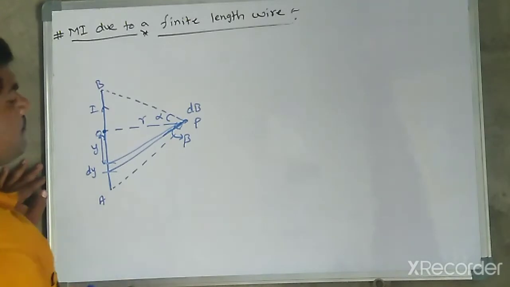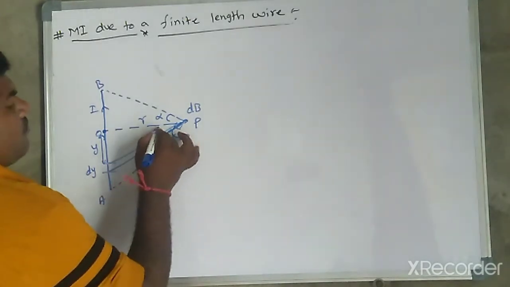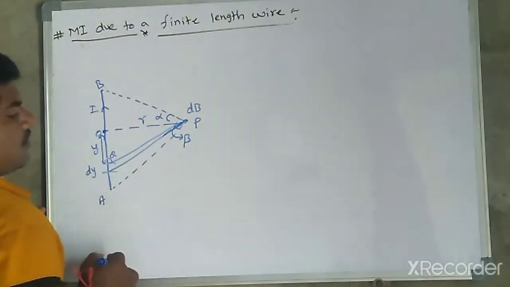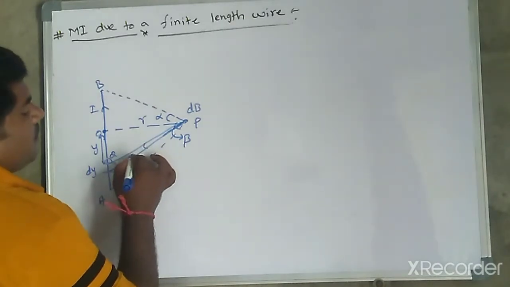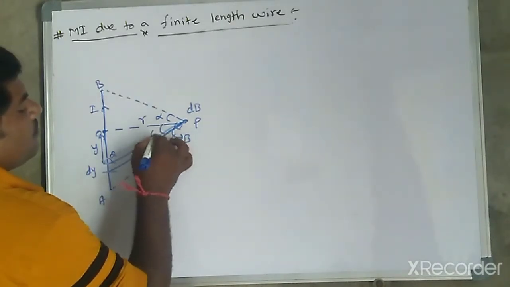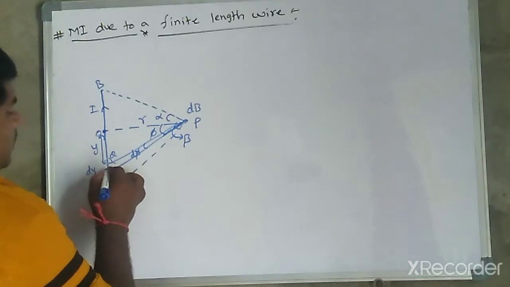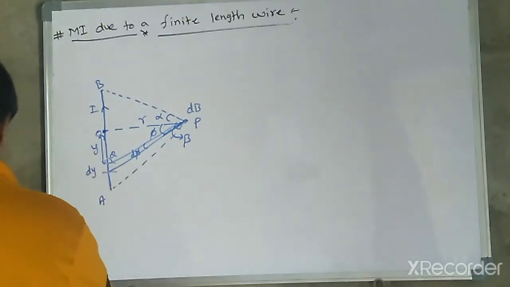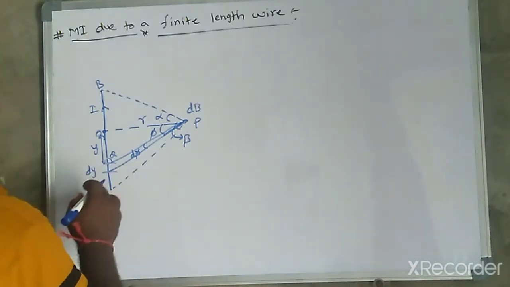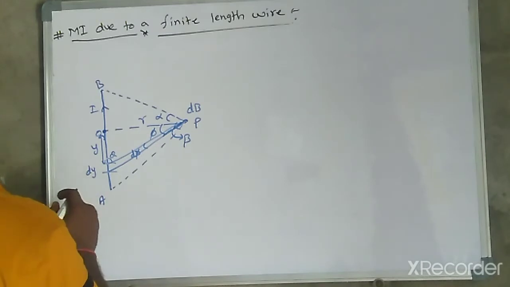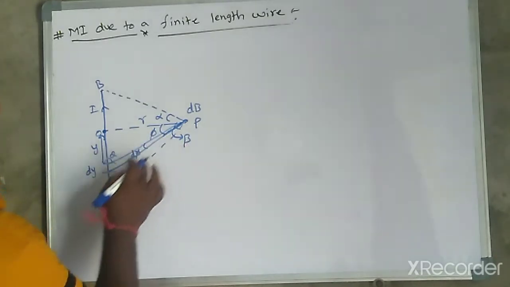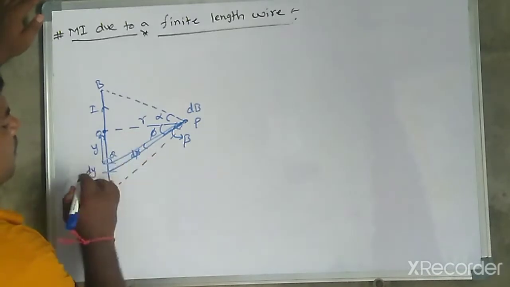So here, this value we already know, this is the theta. This angle is d phi, this is phi.